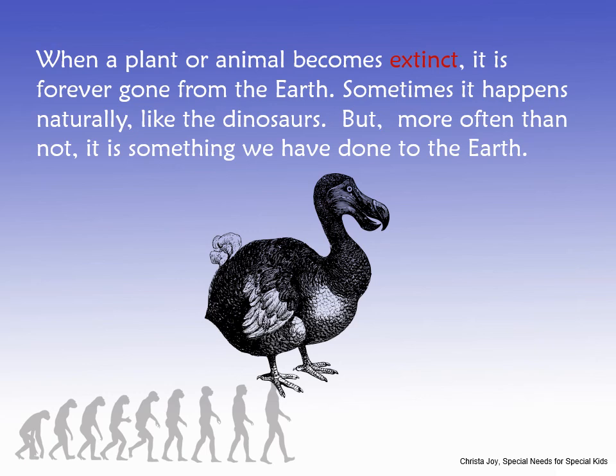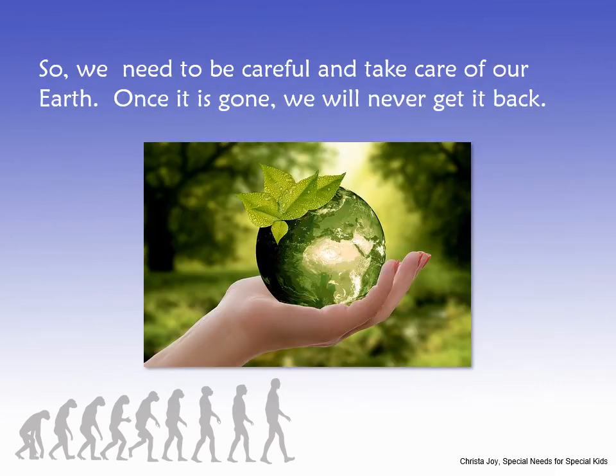Sometimes it happens naturally, like dinosaurs, but more often than not, it is something that we have done to the earth. So, we need to be careful and take care of our earth. Once it is gone, we will never get it back.